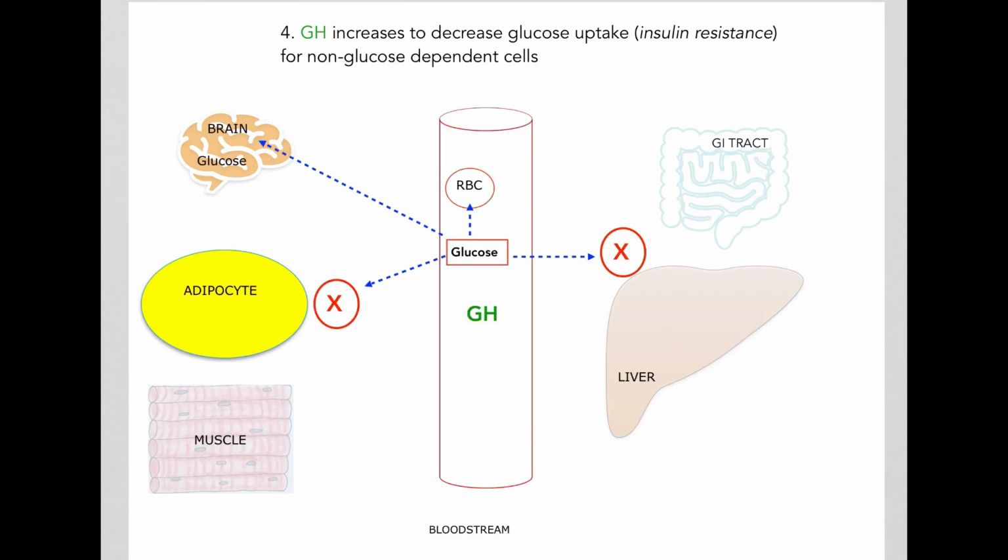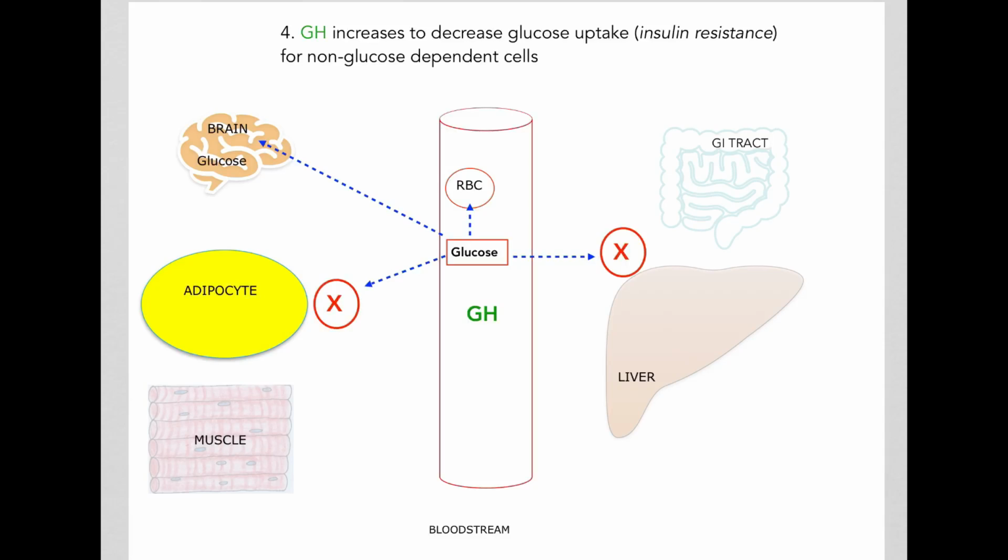Another thing the body will do is to make sure that this precious glucose that is being made by the liver is only used by cells that depend on glucose. So glucose-dependent cells, especially the brain cells and the red blood cells, and that this glucose is not used by other cells.